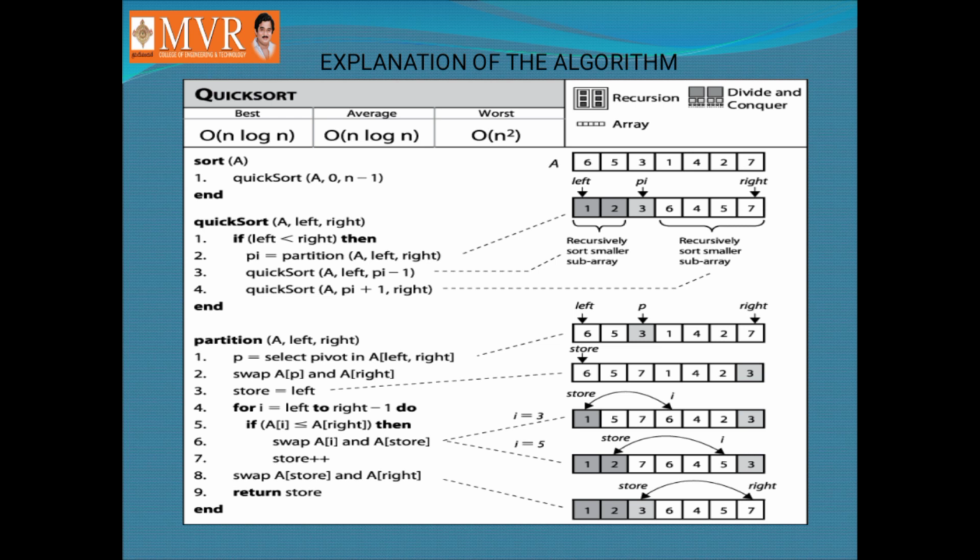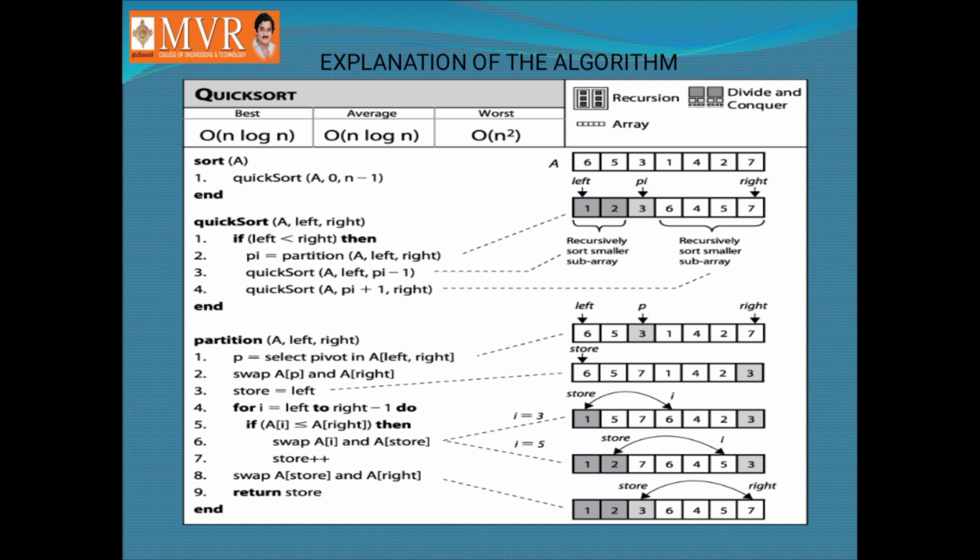Like this, continue the process of divisions or partitions until the list is sorted. This is about the quicksort algorithm. At last we will get a sorted array of elements.